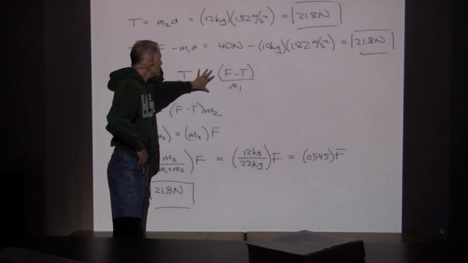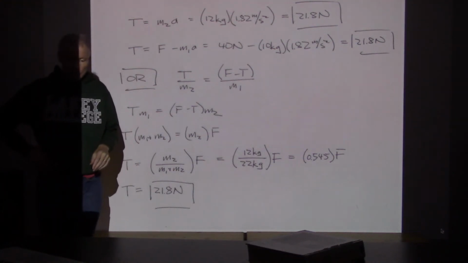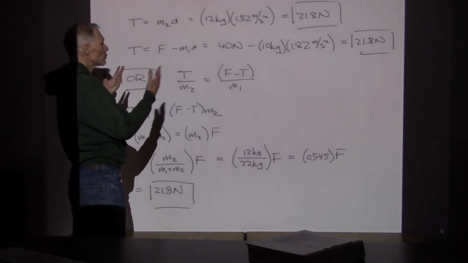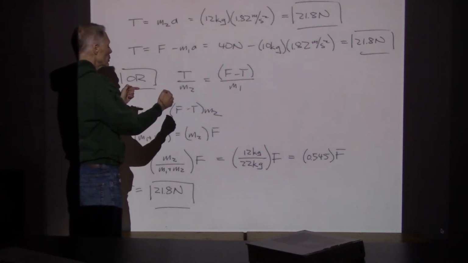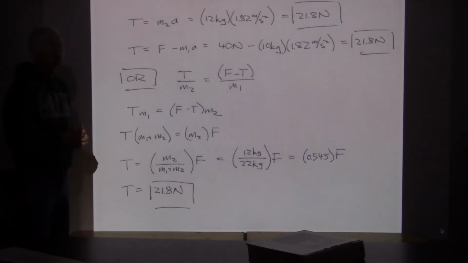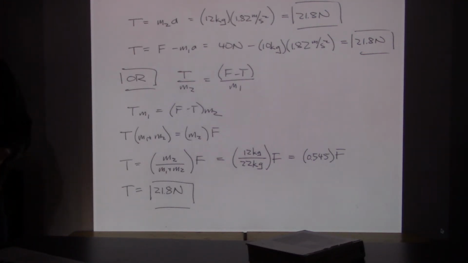This gives me a chance to start over again and see if I can get the tension right, even if I got the acceleration wrong. Now, of course, if you're doing homework, you want to use every approach you can and see if they keep giving you the same answer. That's telling us that algebraically they're all equivalent. We've got some number of equations we're working from, and at the end of the day, they have to all give us the same answer.